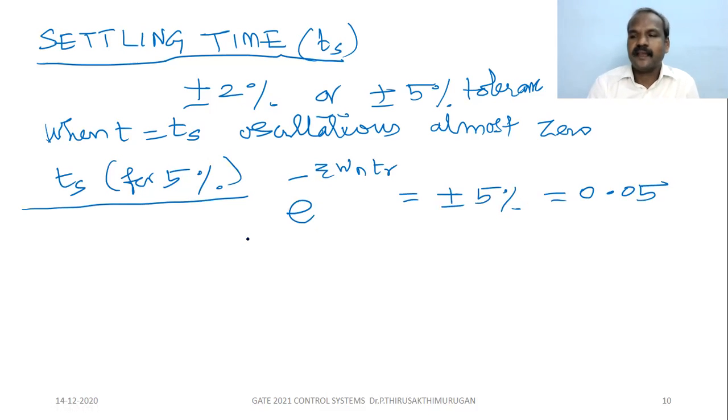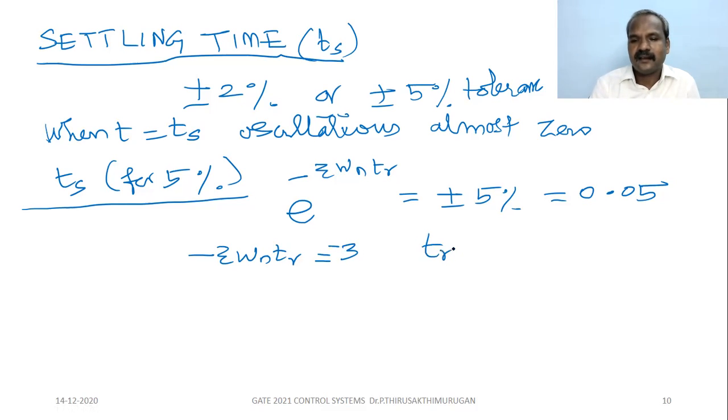If you take log on both sides, minus zeta omega n Ts equals log of 0.05, which is almost minus 3.